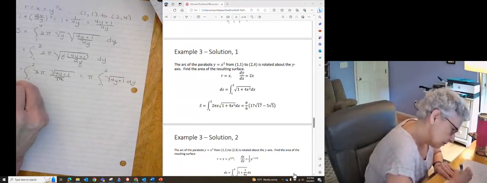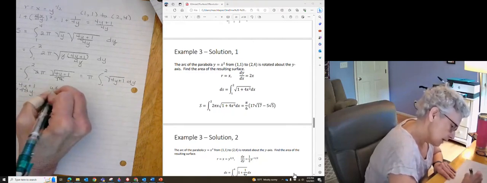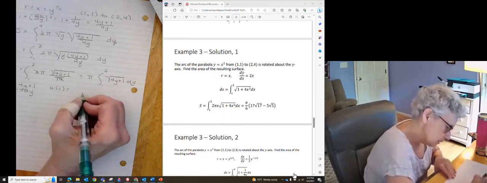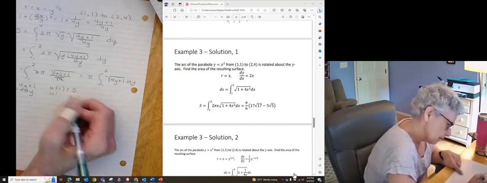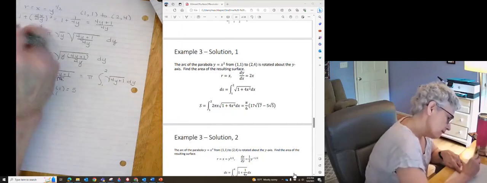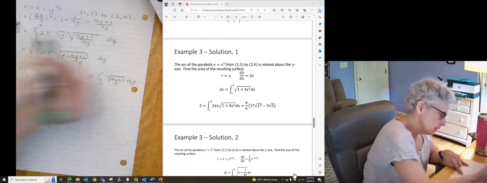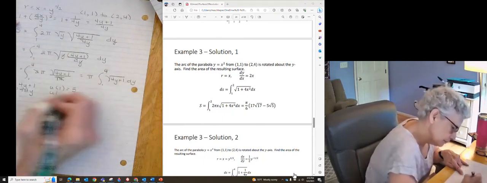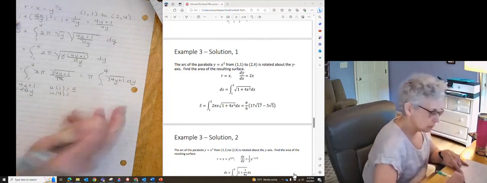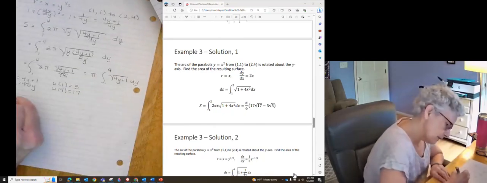And now I'm going to let u be equal to 4y plus 1. du is 4 dy. u evaluated at 1 is equal to 1 plus 4, which is 5. u evaluated at 4, because we look at the y coordinates, would be 4 times 4 plus 1, which is 16 plus 1, which is 17.